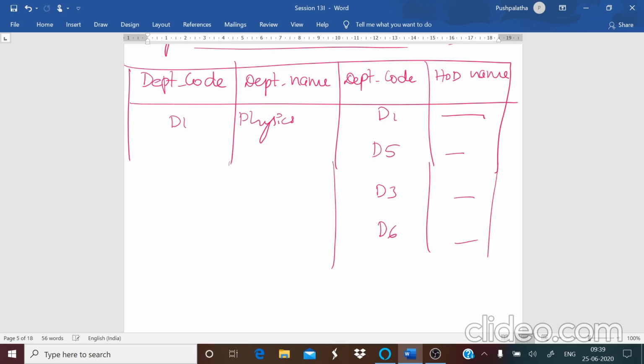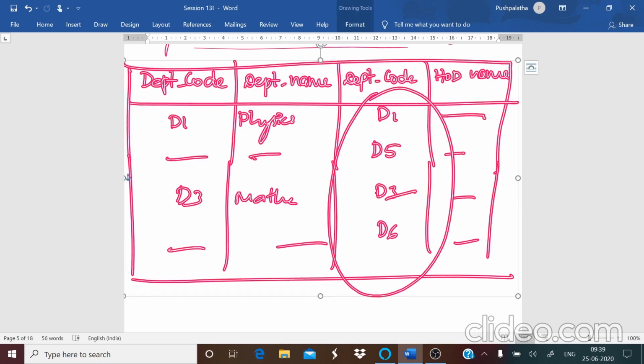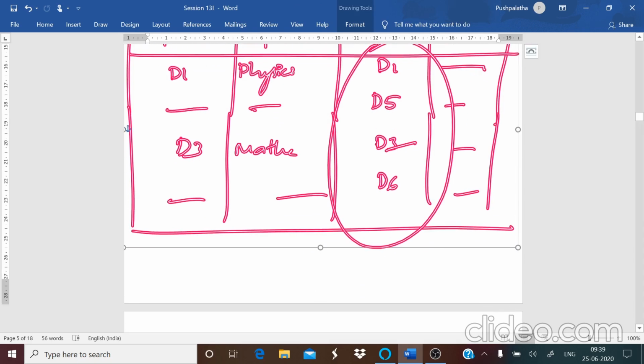But here D2 is not there, so D2 is left blank in the result. And again D3 is present, so you give D3 and mathematics. Again D4 is not there, so it is blank. So all the tuples in the right relation will be there, and if the same thing is present in the left, that will be present. If it is not there, then it will be left blank. This is what you mean by your right outer join.